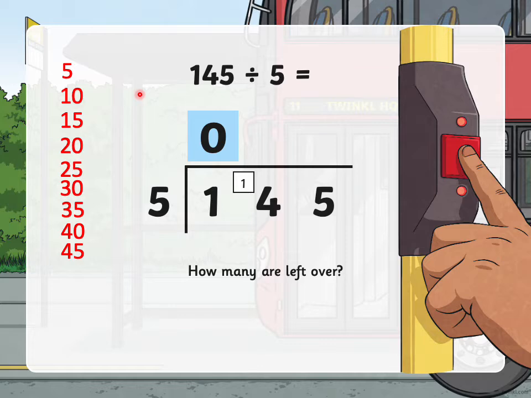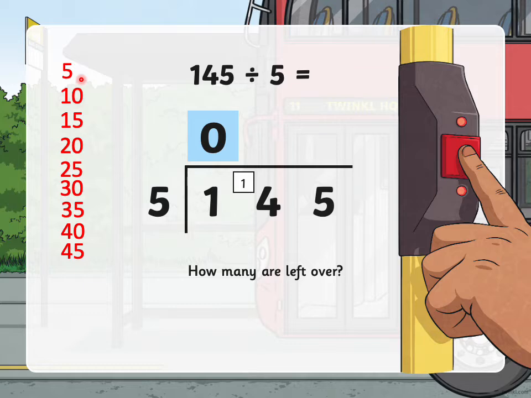Imagine that you have 14 apples and you want to share them with 5 people. You will distribute 10 and you will have a remaining number of apples that you didn't distribute. So 14 divided by 5, the closest number is 10.